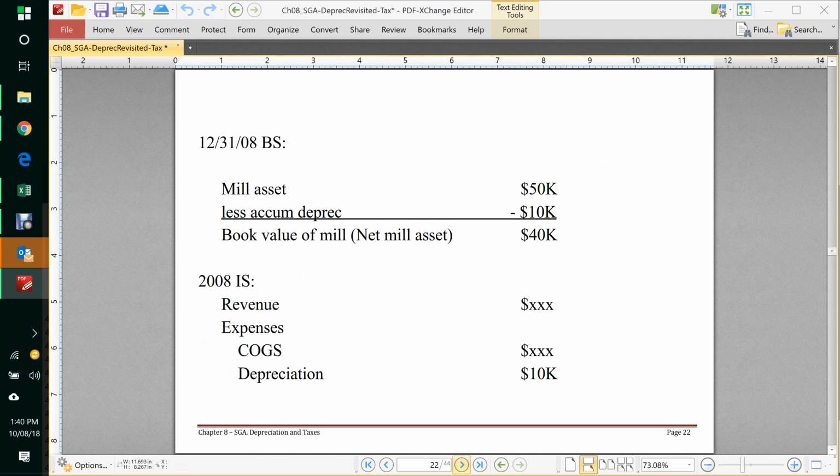All right. So what's our balance sheet going to look like now at the end of the first year? The mill asset stays at 50 for the life of the mill, because it's not net.